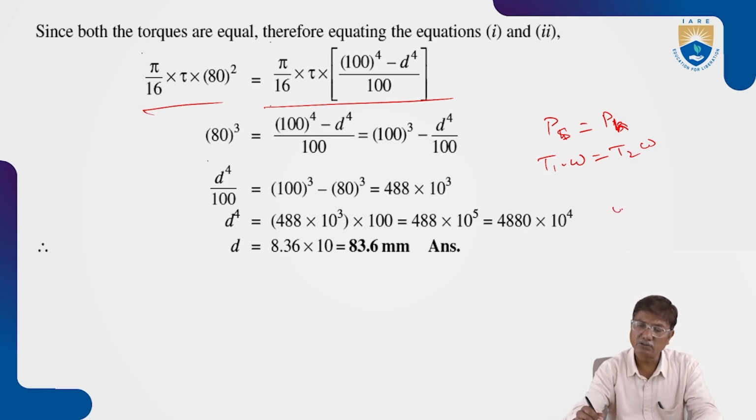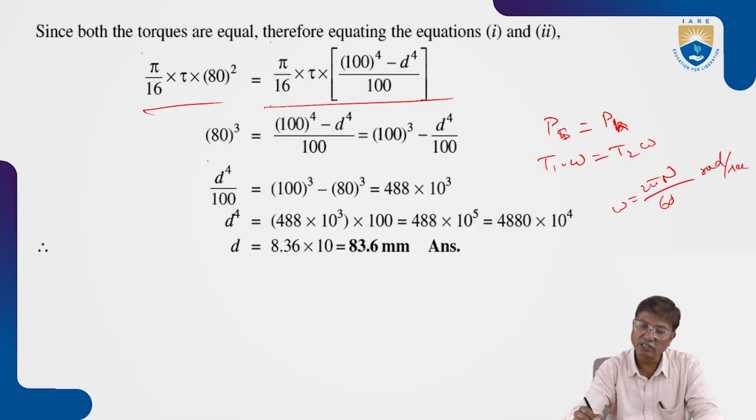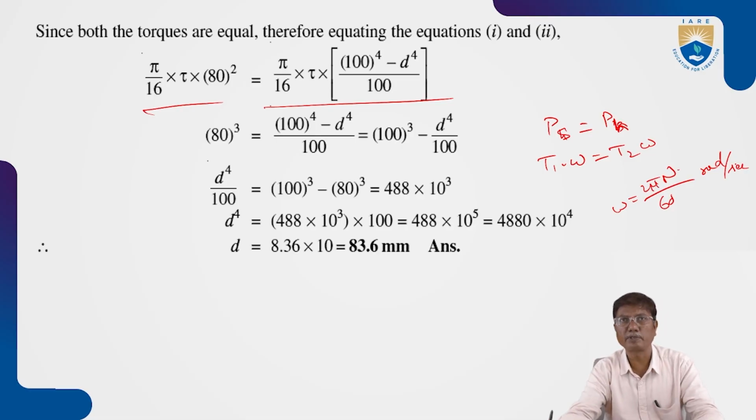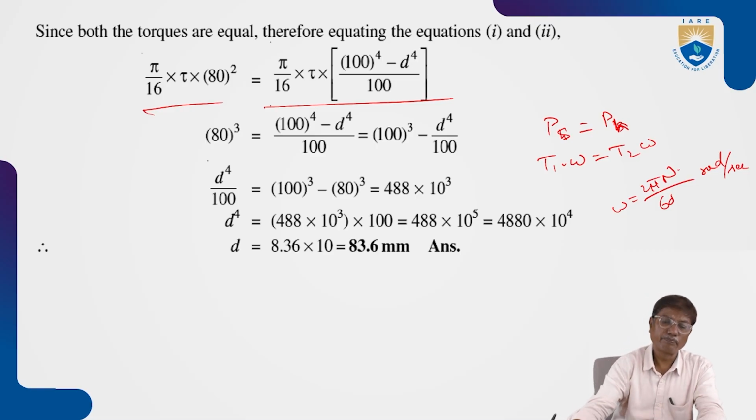Omega is 2 pi N by 60. This is in radians per second. Angular velocity is in radians per second, and N is in revolutions per minute.